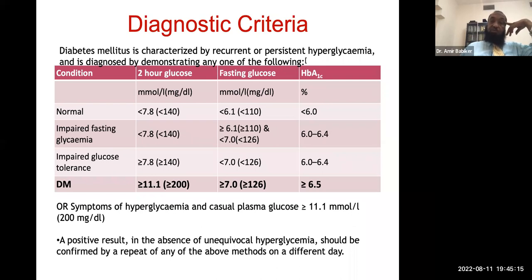So if the patient has hemoglobinopathy, what do you use? Someone tell us what you can use. Excellent, Aisha. Fructosamine. Fructosamine is another test, but how you use it is a more difficult question.